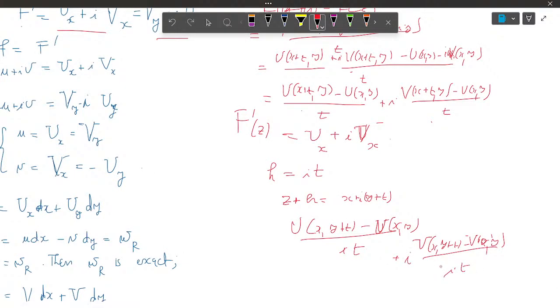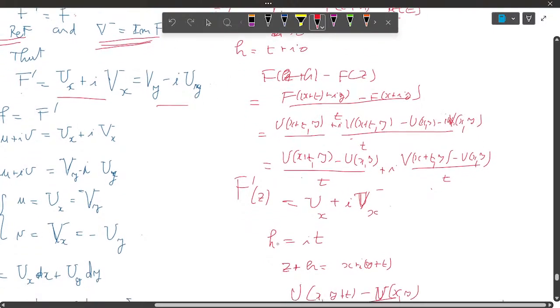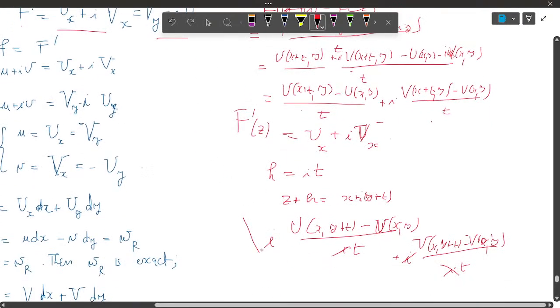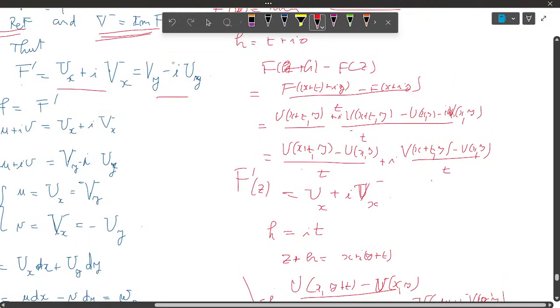You see that there we can cancel these two i, but here this i will come there, and then that will give us the real part will shift, and this i will come with a minus sign. That's why we have this part.